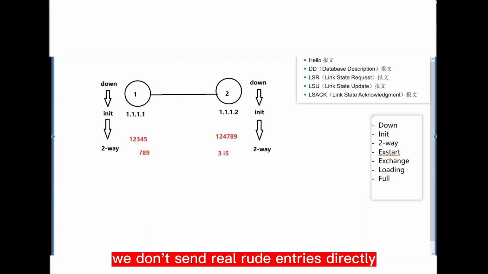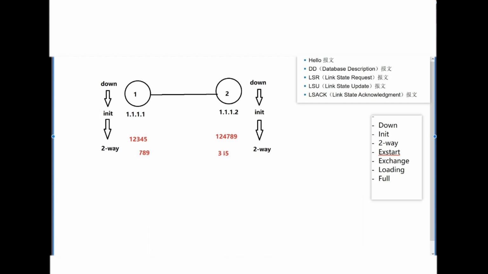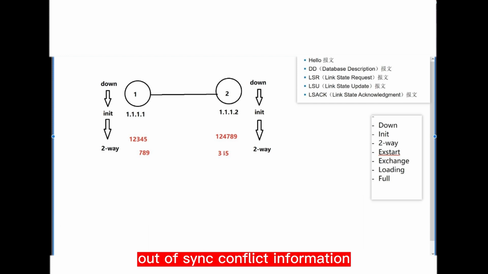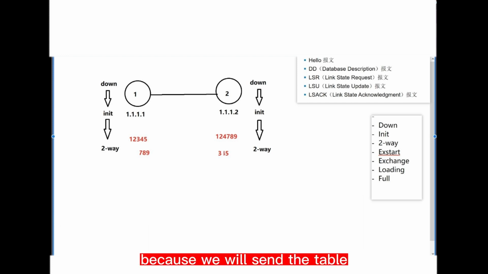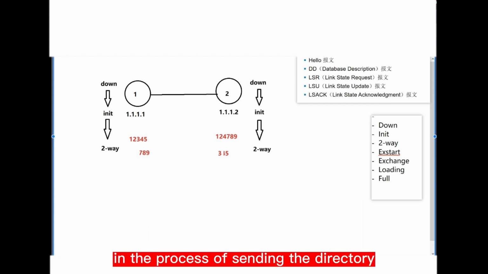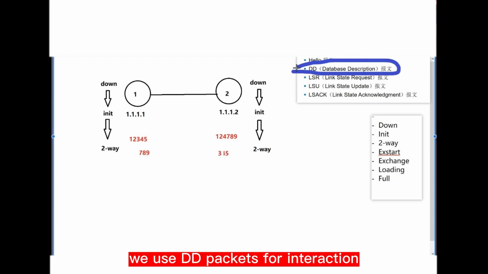We don't send real entries directly. Instead we send a digest. This is the first question: out-of-sync conflict information, because we will send the table of contents and summary. Let's talk about the scene in which this is carried out later. But first I can tell you that in the process of sending the directory and synchronizing the summary, we use DD packets for interaction.